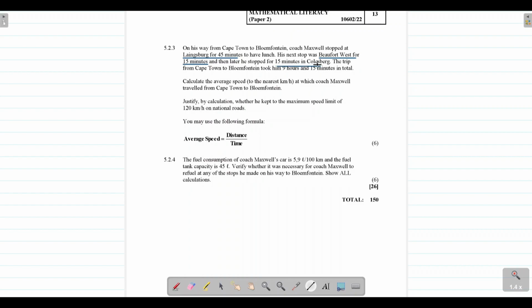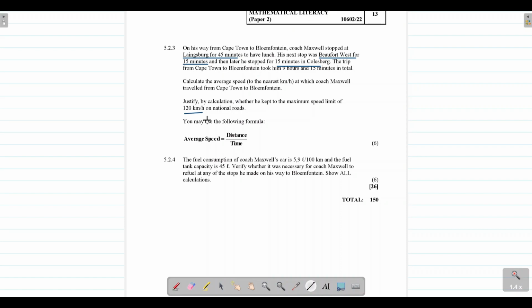The trip from Cape Town to Bloemfontein took him 9 hours and 15 minutes in total. We need to calculate the average speed to the nearest kilometer per hour at which Coach Maxwell traveled from Cape Town to Bloemfontein, and you need to justify by calculation whether he kept to the maximum speed limit of 120 kilometers per hour on national roads.